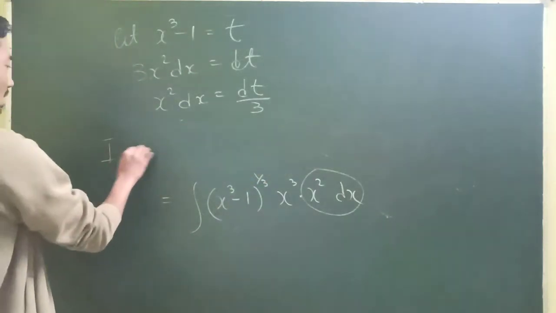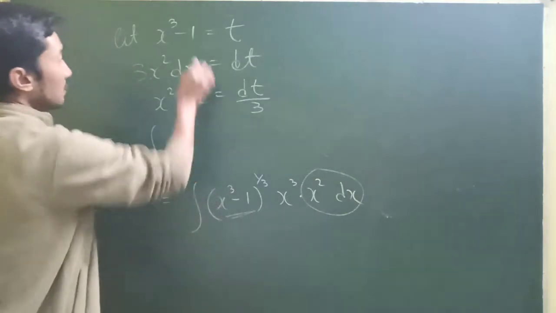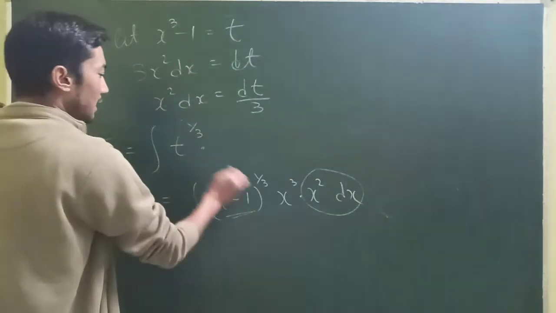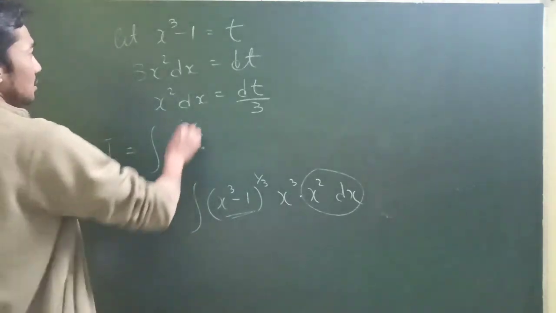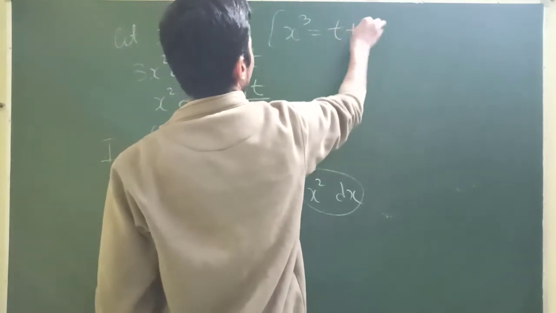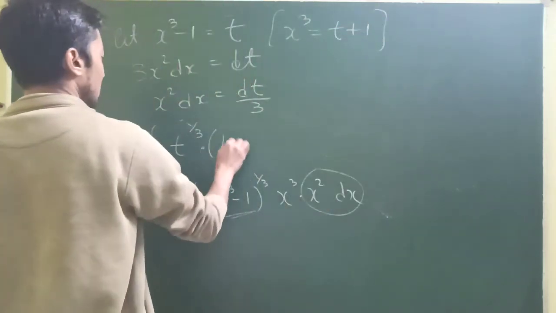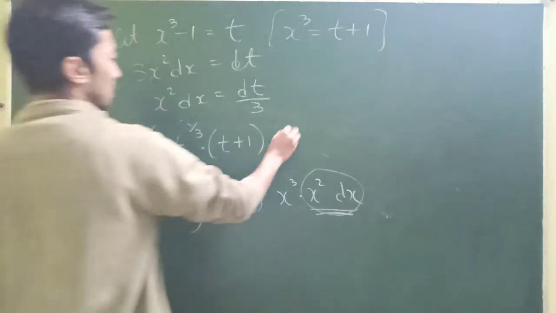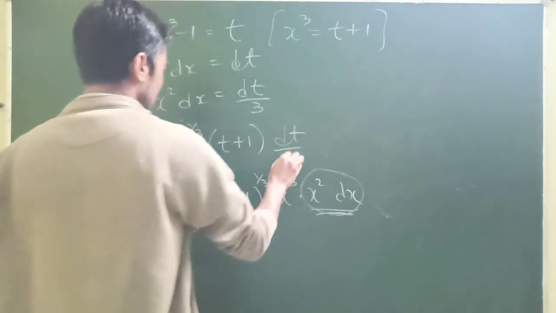So in that case my I will be t power 1 by 3. No problem. x cube, what can I use? x cube I can use t plus 1. Not a big problem there. This time what can I use? dt by 3.